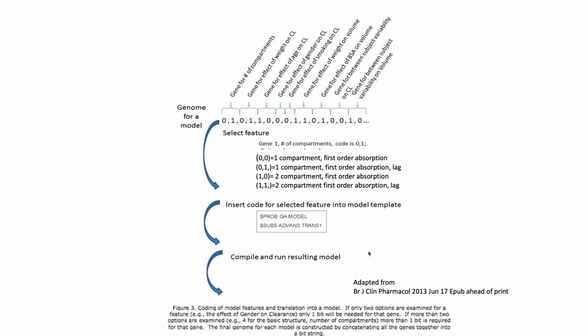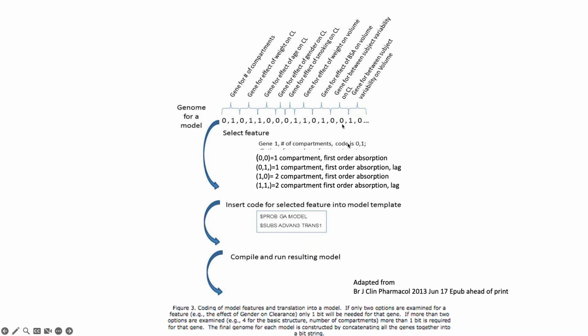So this is a figure that appeared in the British Journal of Clinical Pharmacology quite a few years ago, a paper by Sherer and Sale. You see that the genome of the model is highlighted at the top. And you have a gene, for example, for number of compartments, a gene for the effect of weight on clearance, for age on clearance, etc. And then for the between subject variabilities.